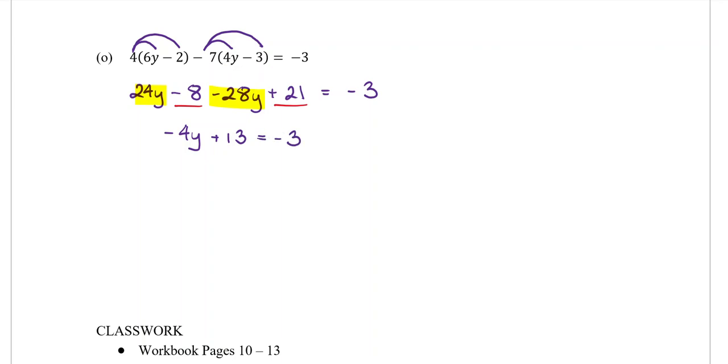Okay, two steps to solve. We're going to subtract the 13. We get negative 4y equals negative 16. And then dividing by negative 4. So y equals minus 16 divided by minus 4 makes a positive 4.